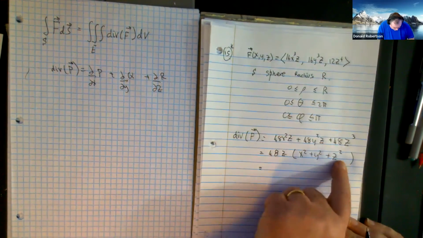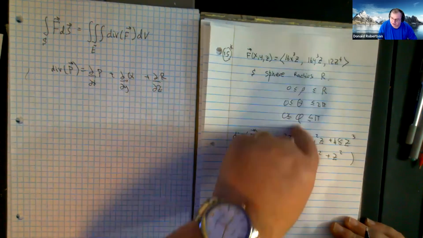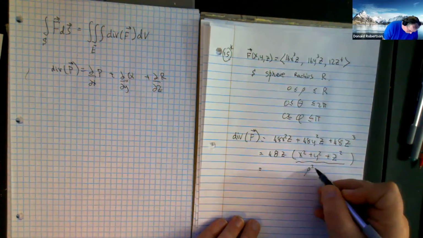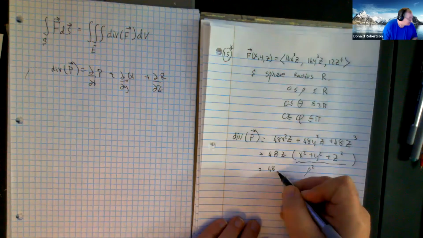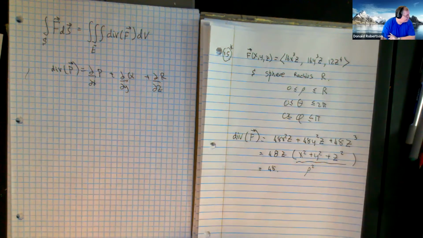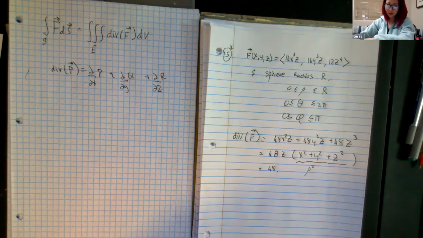Now, I want this to be in terms of these variables. We already know what that one is. That's rho squared. Can anybody remember what z gets you? R cos theta?